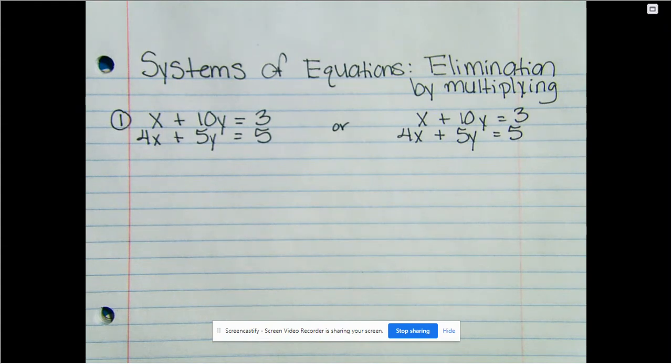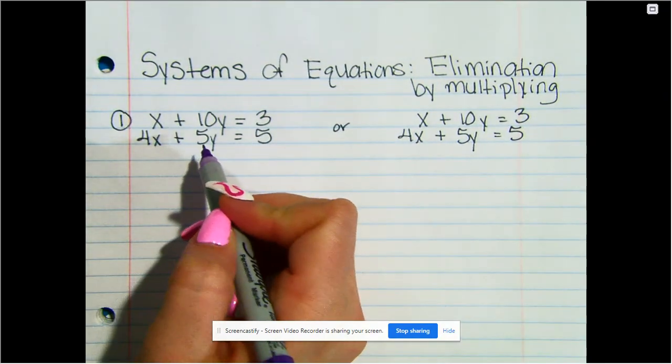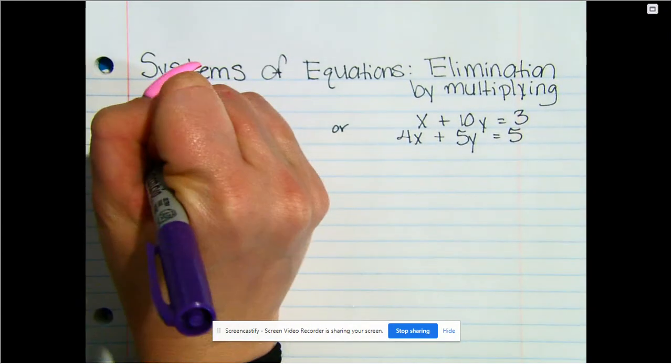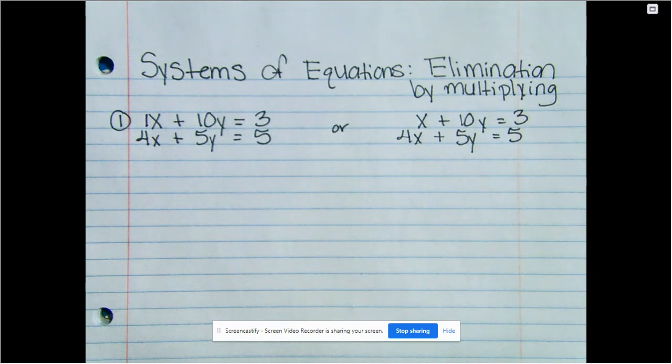And again, there are multiple ways that you can solve this, but I'm going to go through at least 2 of them. We know that this right here is a 1x, an invisible little 1.